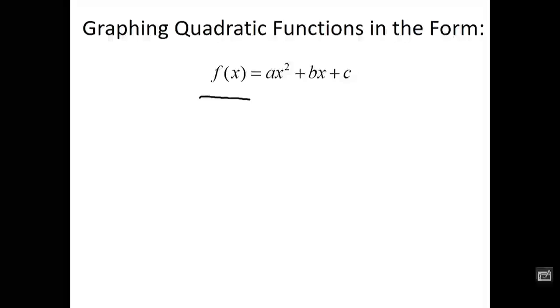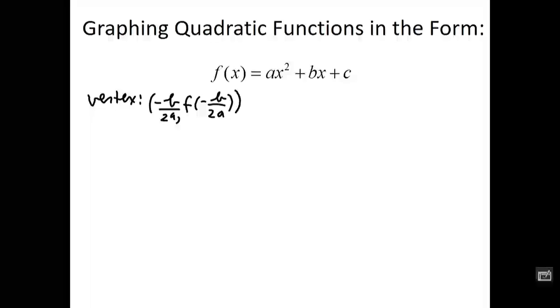If we actually complete the square on ax squared plus bx plus c, we find that the vertex of the parabola expressed in this form would be minus b over 2a and f of minus b over 2a.